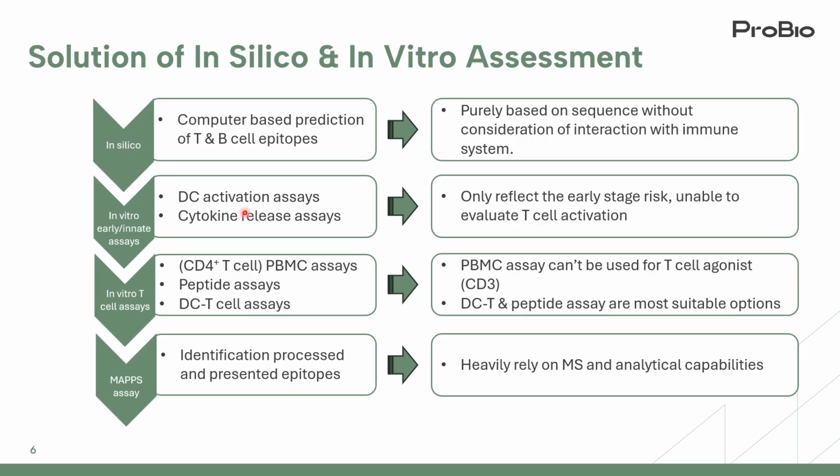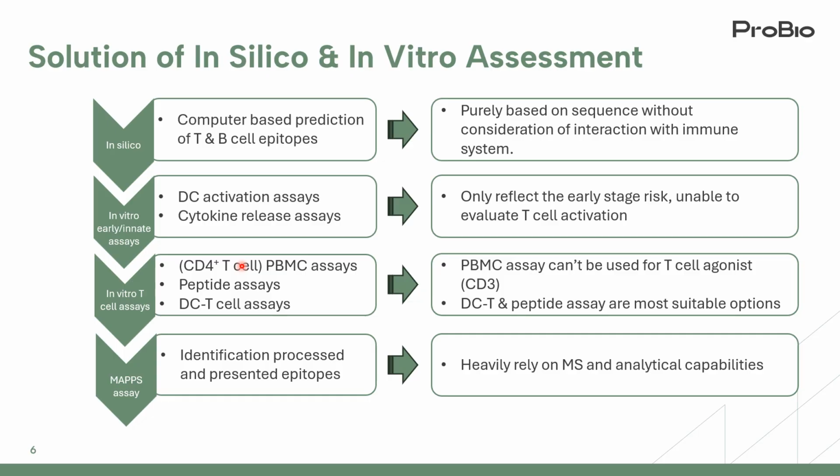The second checkpoint is the dendritic cell activation assays and cytokine release assay. It is a measurement of early sign of immunogenicity, but it is not equivalent to the actual immunogenic reaction. To take it to the next level, we need to evaluate the T cell activation by several PBMC-based assays.